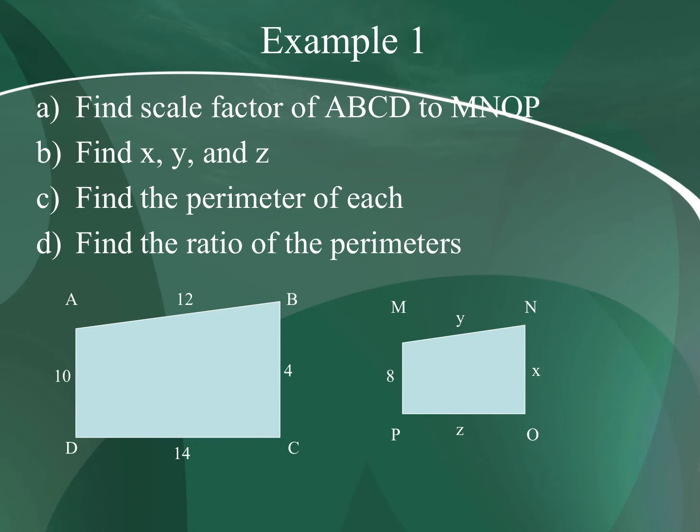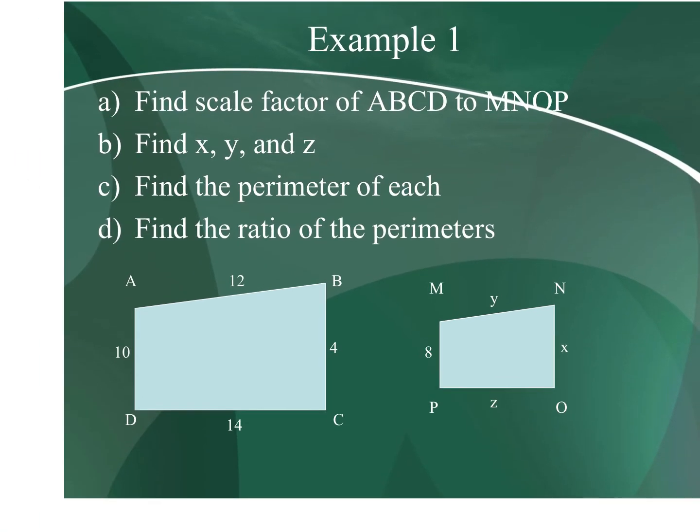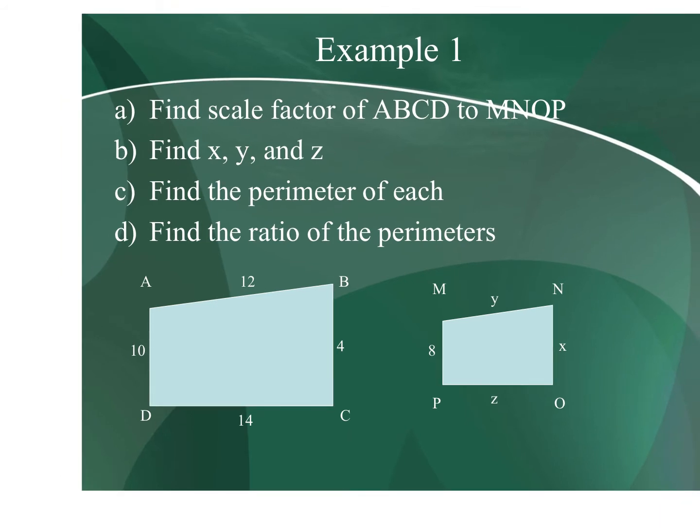So for the next one, it wants me to find the scale factor of polygon ABCD to MNOP. So what we got to do here is go through and match. So again, the way that we can set up our ratios, see how AB is the first 2 letters? I'm going to match that with MN. So AB and MN would match.